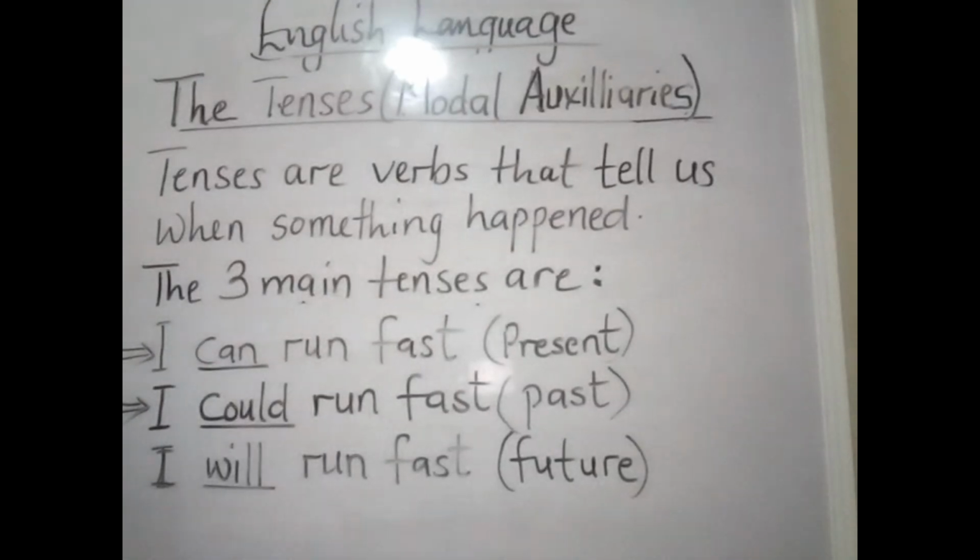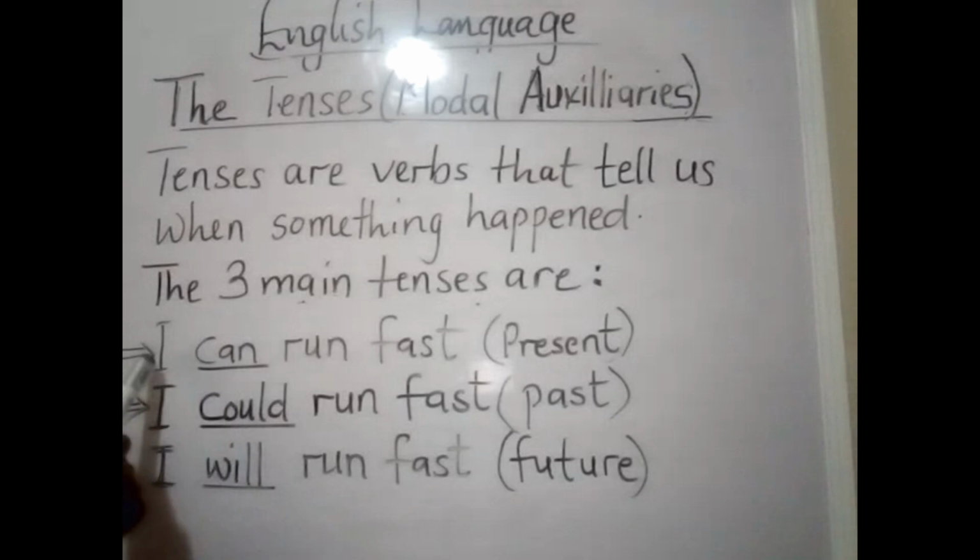Let's look at some examples. Remember, the present tense expresses something that is happening now, the past something that has happened already, and the future something that will happen later.